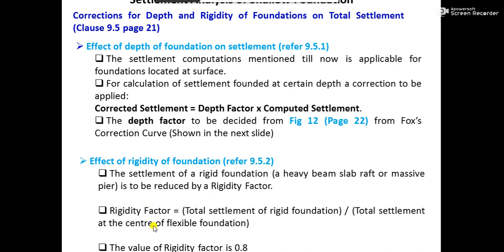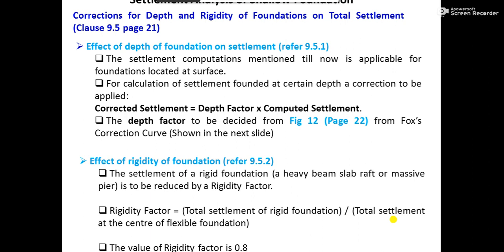And if you know the value of this rigidity factor, which is generally as a common practice in Indian Standard Code 8009, it is taken as 0.8. So you just multiply the value of the total settlement at the center of flexible foundation with 0.8, and whatever value you get, that value will be actually giving you the value of the settlement, considering the foundation to be a rigid foundation.